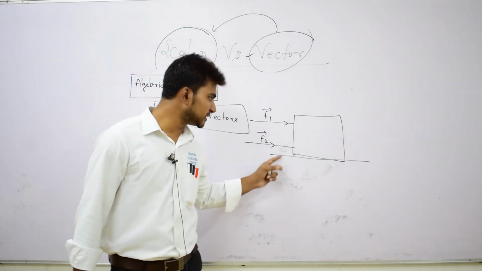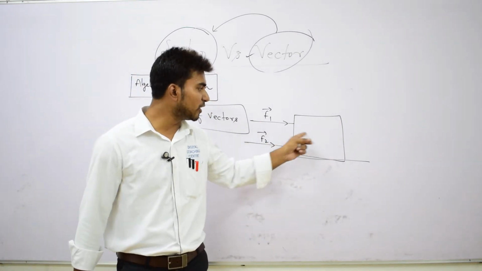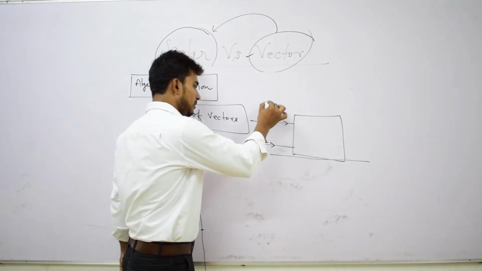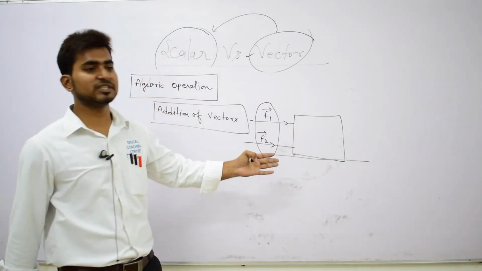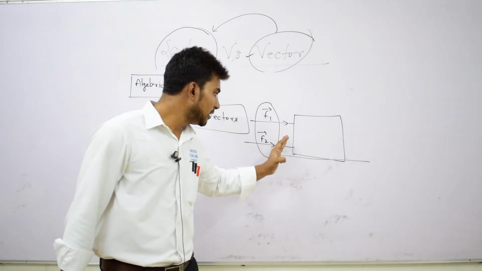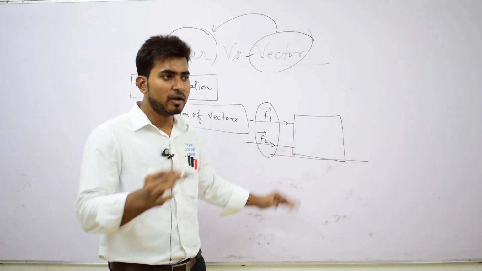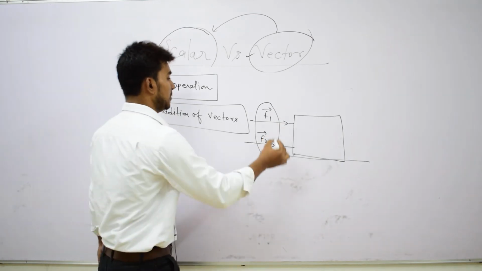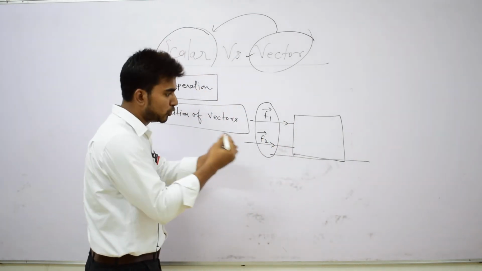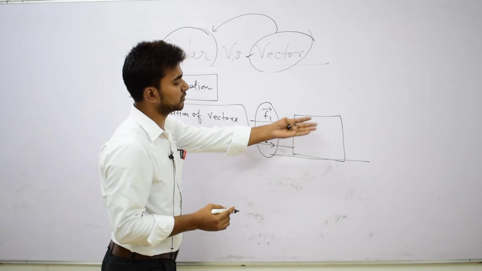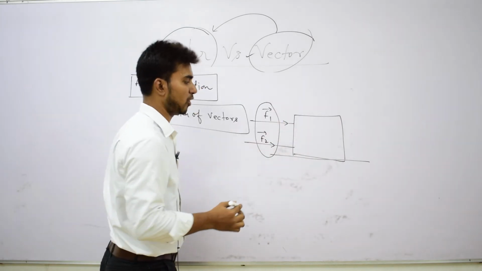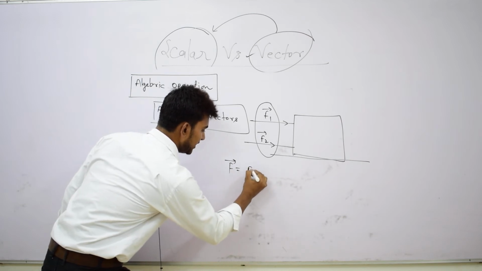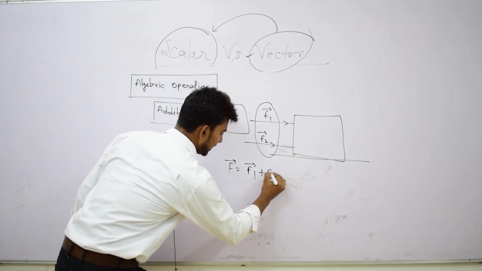So these two forces are applied on the same block in the same direction. So these two forces will be added in a vector manner, and that is called vector algebra. It means if you need to find the total force or the resultant force applied on this block, that force will be F1 plus F2.